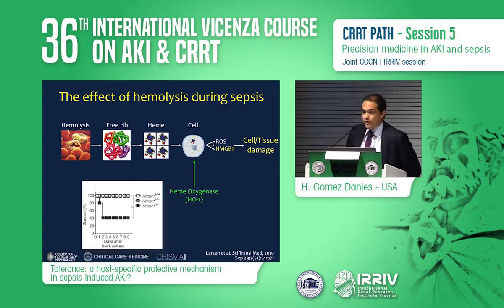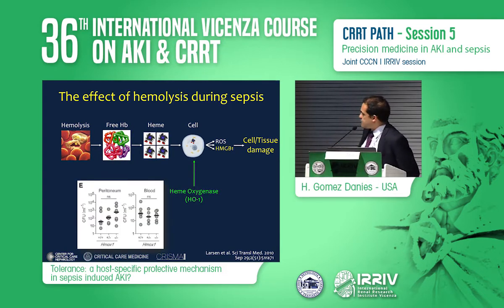And furthermore, they looked at what was the impact of expressing or not expressing heme oxygenase on the level of bacteria in the peritoneum after cecal ligation and puncture, which is a measure of how good your immune system is at being able to clear bacteria. And what they found was that there was no difference. Therefore, this was an entirely tolerance mechanism that was protecting the hosts from death.